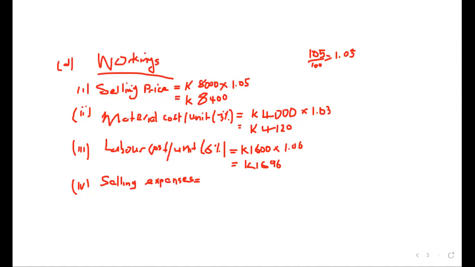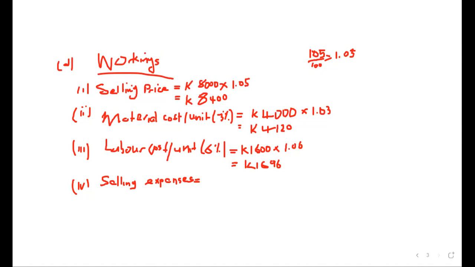Let's go to the question. Selling expenses, where is it? It is under the fixed costs. It is a fixed cost. Have you seen it here? These are the selling expenses. And they are fixed: from January to December, they are at 10,000, 10,000, 10,000.